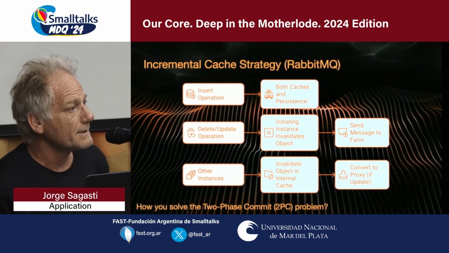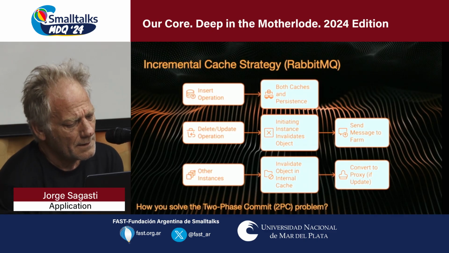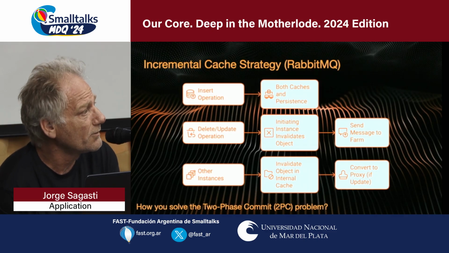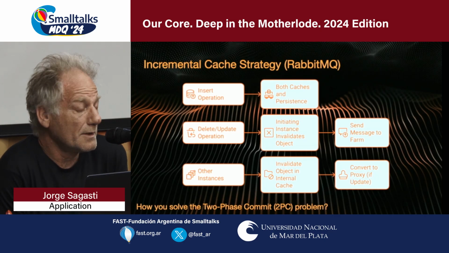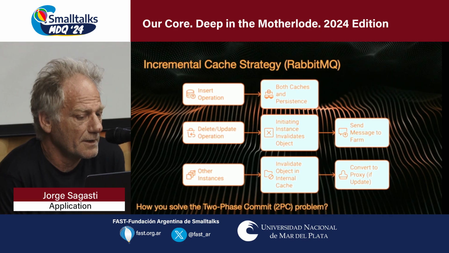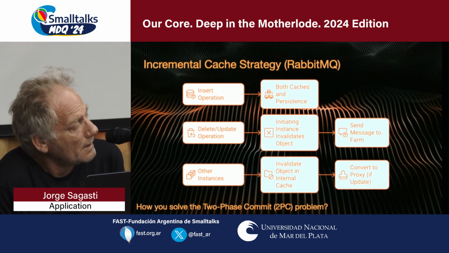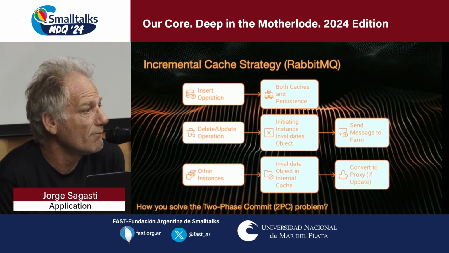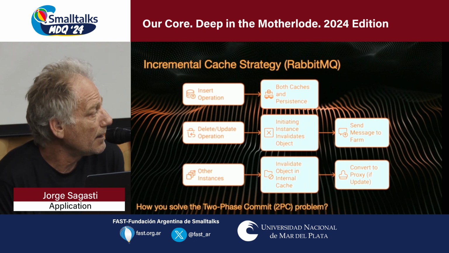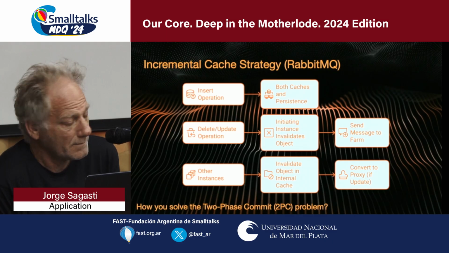On the incremental cache, this slide is a little more complex, but let me explain it quite easily. On an insert operation, we insert on both caches. Nothing changes. The other instances will look for it, and they'll get it.